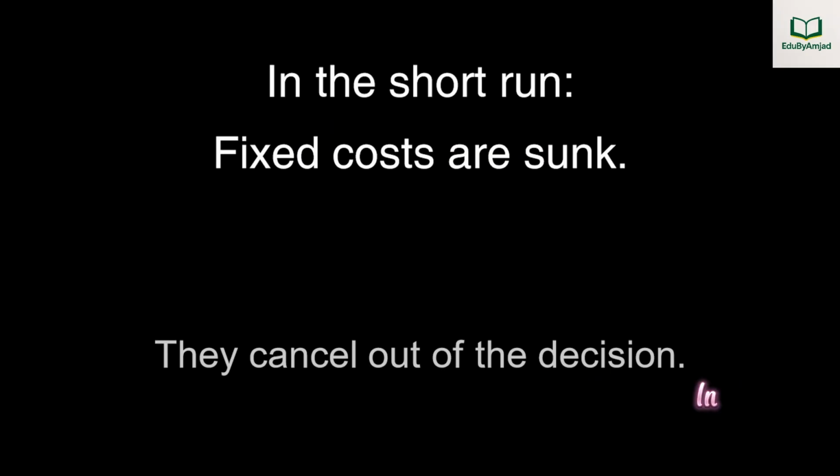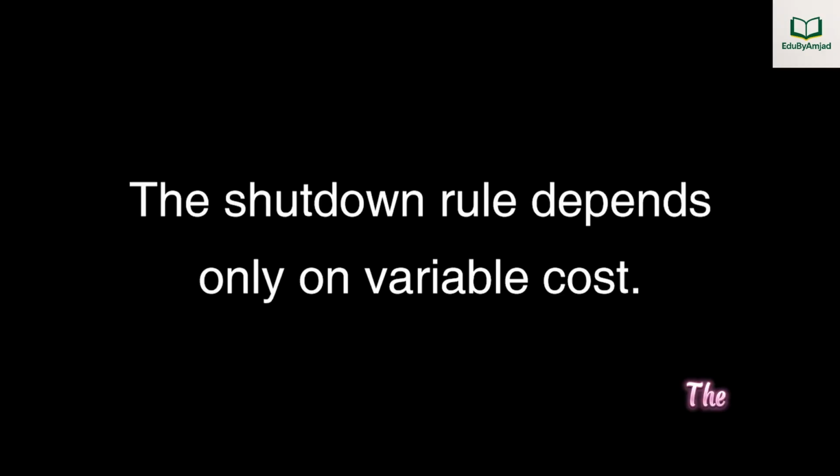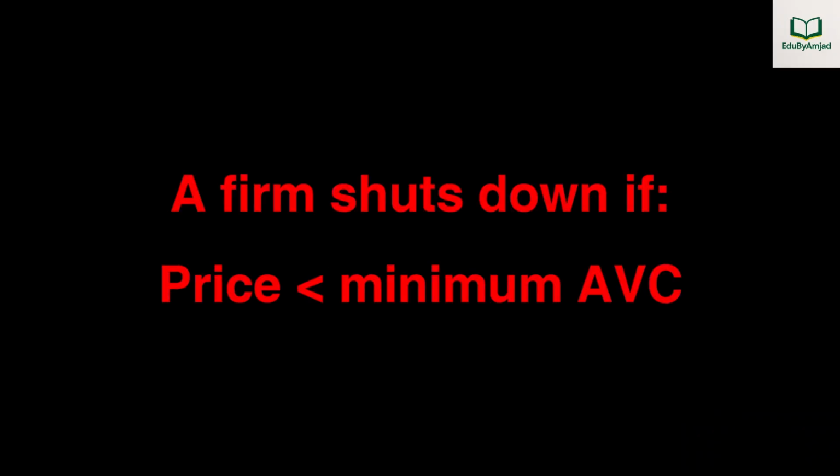Let's summarize. In the short run, fixed costs are sunk. They cancel out of the decision. The shutdown rule depends only on variable cost. A firm shuts down if price is less than minimum AVC.